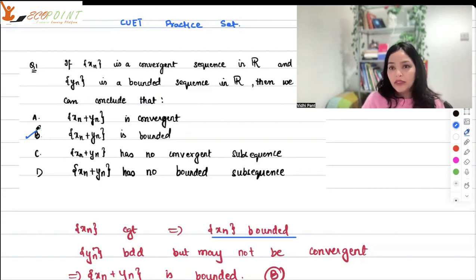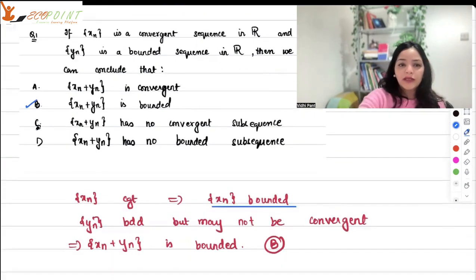You can have bounded sequences which are not convergent. And it has no convergent subsequences. That would be wrong to say because it should have some subsequence which is convergent. It has no bounded subsequences. Again, that would be wrong to say.